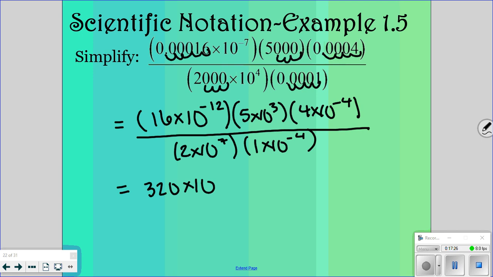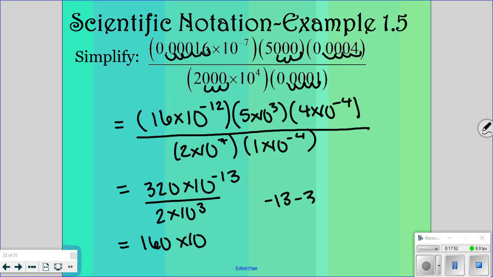So that'll give you negative 13 over 2 times 10 to the third. From there, you're going to divide 320 by 2, and that'll give you 160 times 10, and we're going to subtract. So we're going to do negative 13 minus 3, which is negative 16.